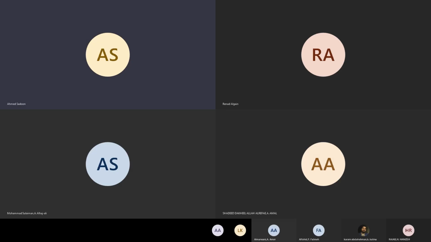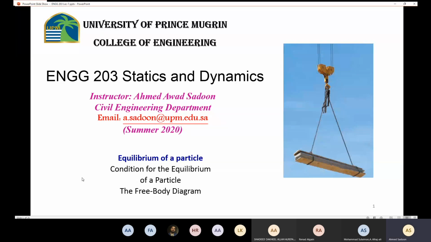So let's get started. Today we are going to talk about equilibrium of a particle. You do remember in the first lecture we talked about the particle. We said that we idealize things in statics in order to simplify the problems, and one of those idealizations is the particle.